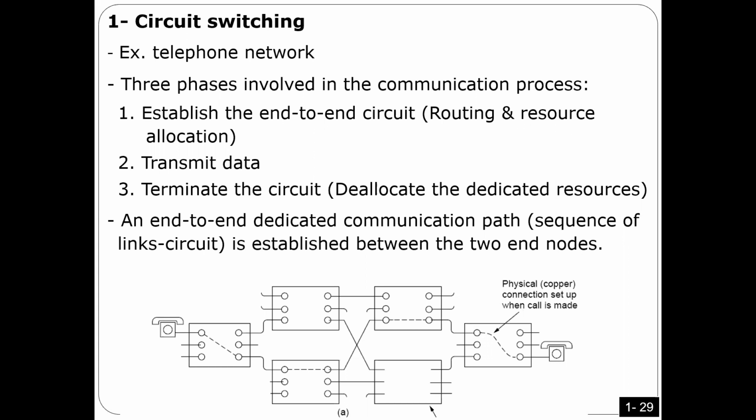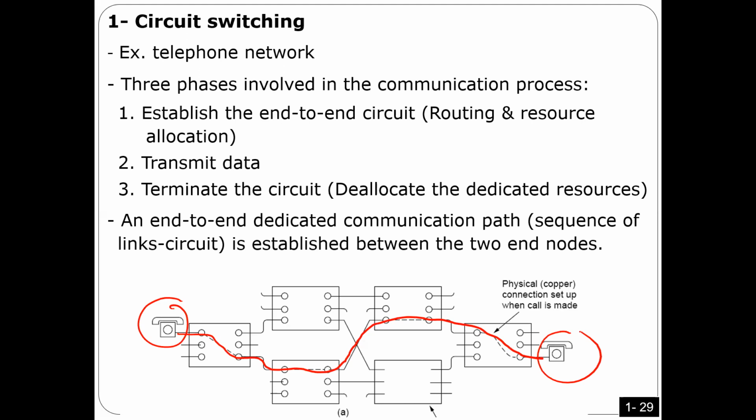When you dial a number, the network itself is going to create a dedicated path or dedicated cable between the source and the destination. This is the main point here: you reserve resources. The key here is resources. So you have dedicated resources.